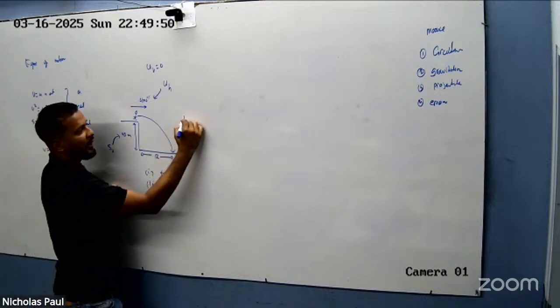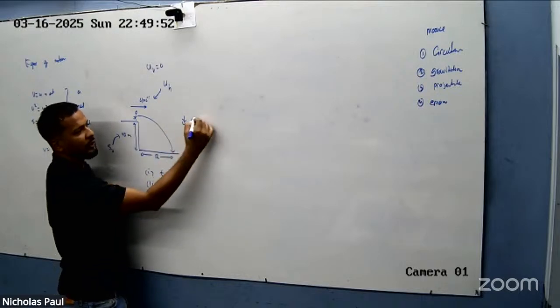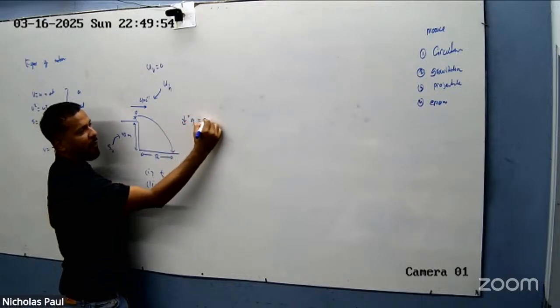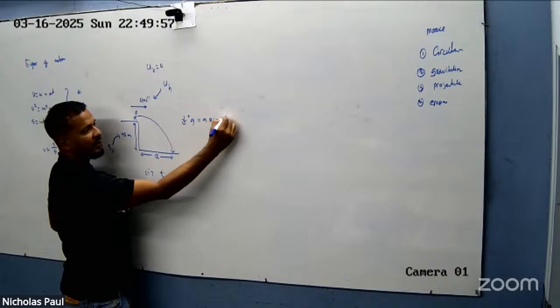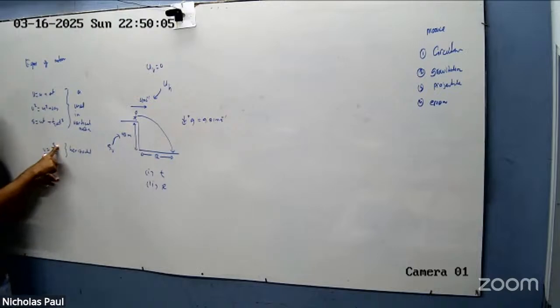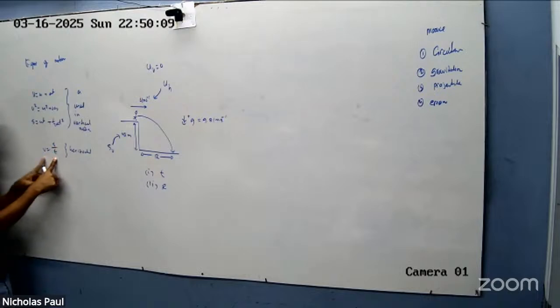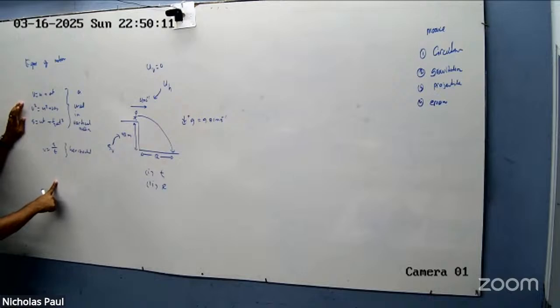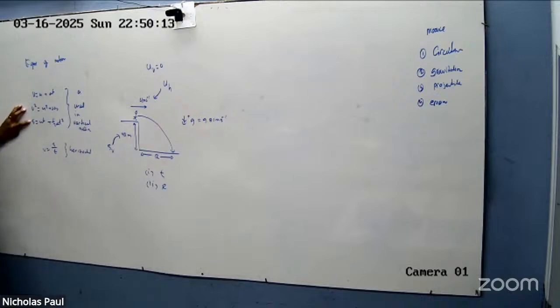We know that gravity is going down, so it's positive, and we're using 9.81. Now, how are we going to get time? We have horizontal velocity, but we don't have horizontal displacement, so we can't use this. What about this one here?